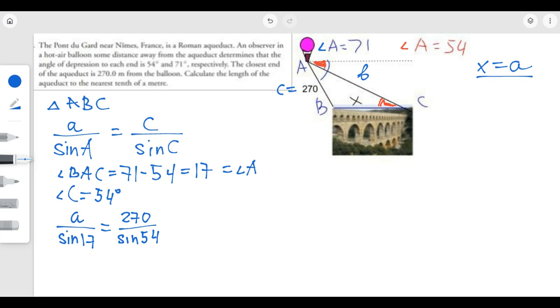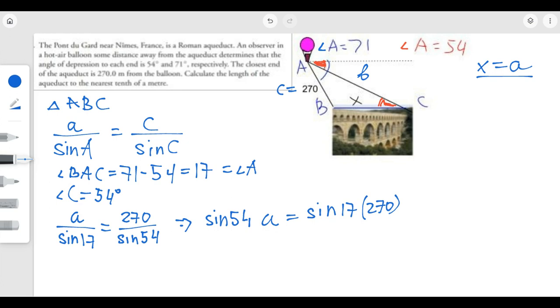Now all we have to do is cross multiply and isolate the unknown. If we cross multiply, we get sine 54 times a equals sine 17 degrees times 270.